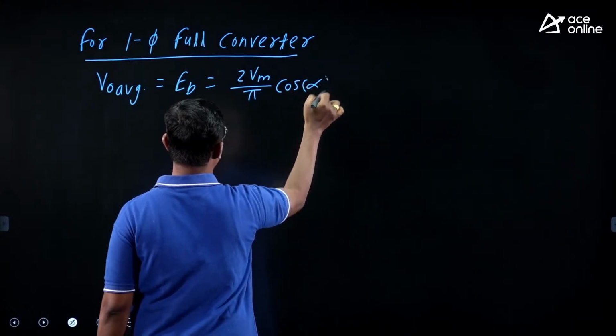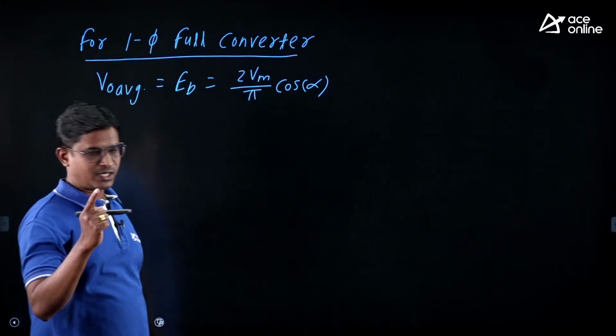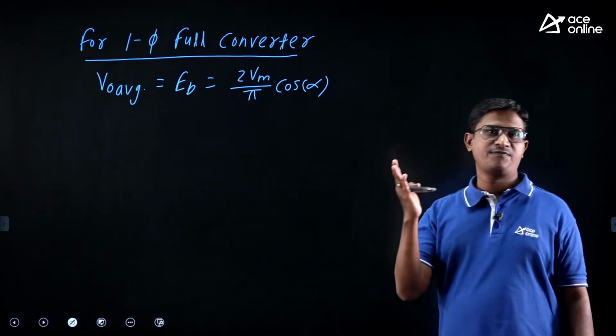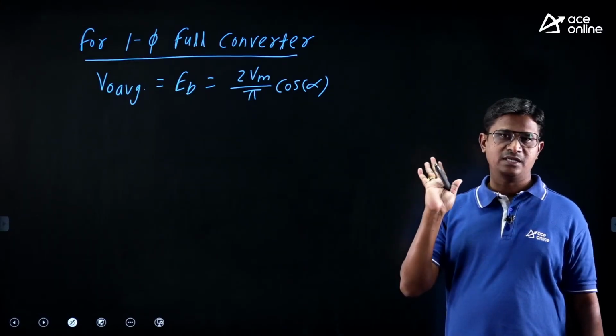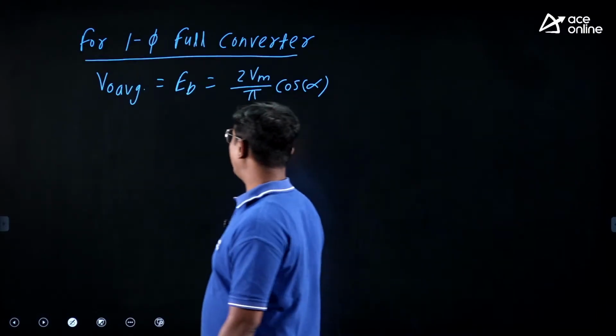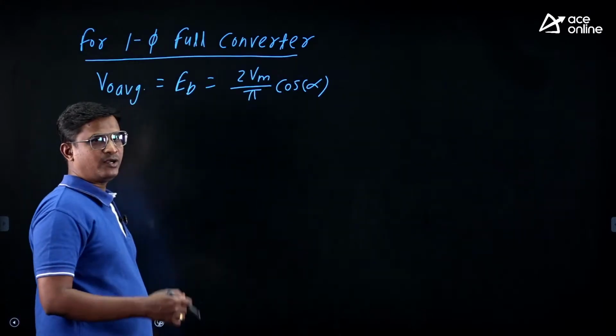You need to recall these expressions: single phase full converter, single phase semi converter, three phase full converter, three phase semi converter, and single phase half wave, three phase half wave. These 6 expressions you need to recall.